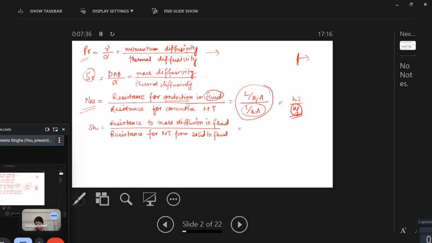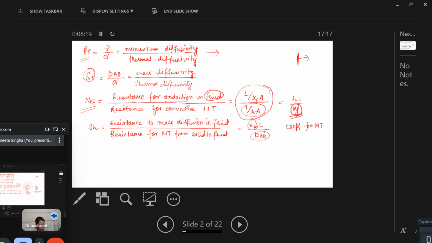And this is given by hmL by DAB, where hm is the coefficient for mass transfer, L is the length, and DAB is the diffusion coefficient for mass transfer.